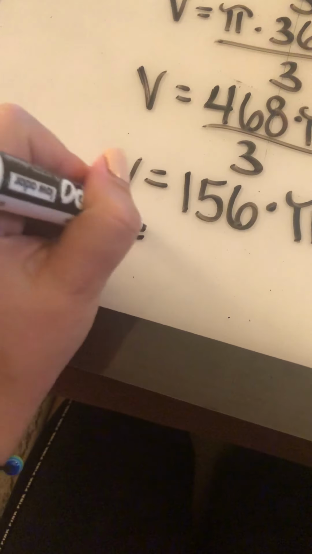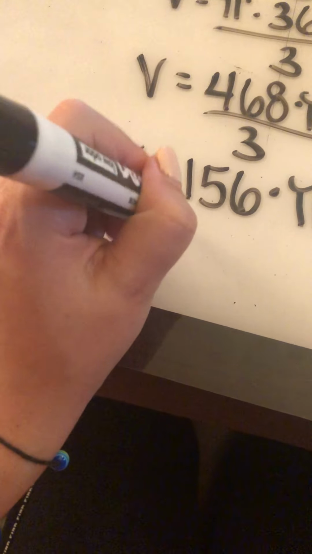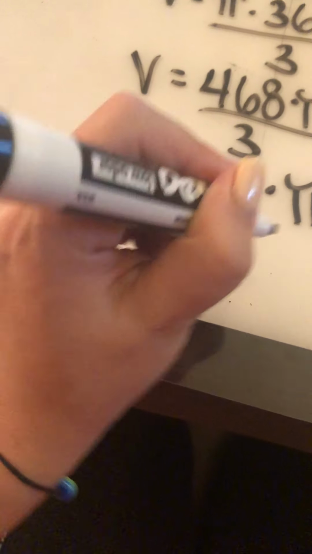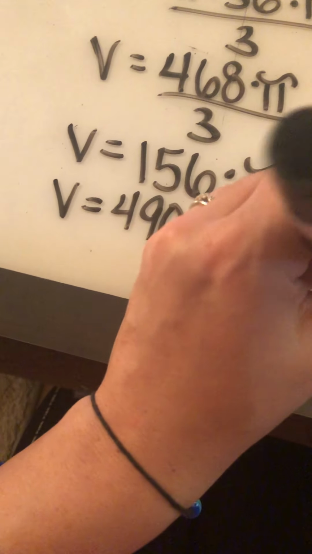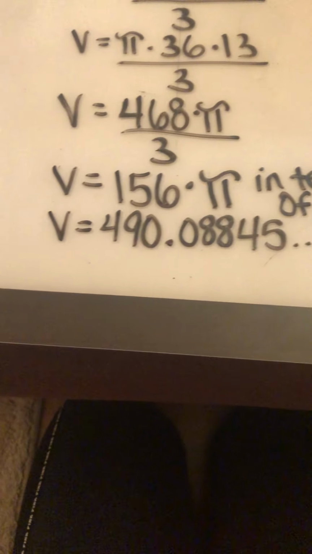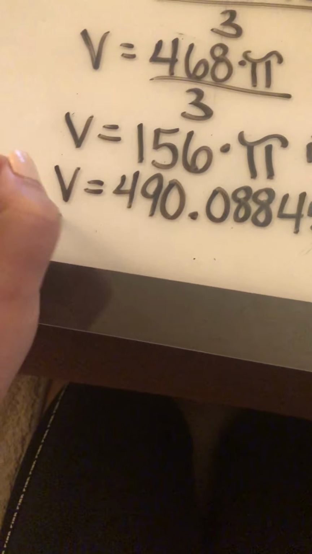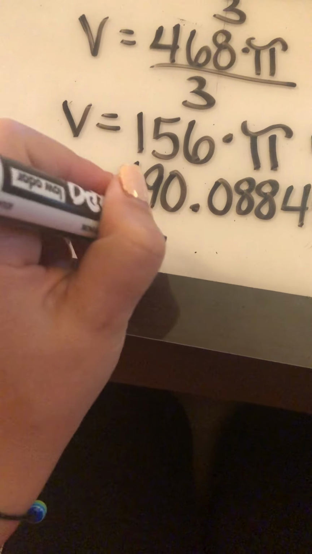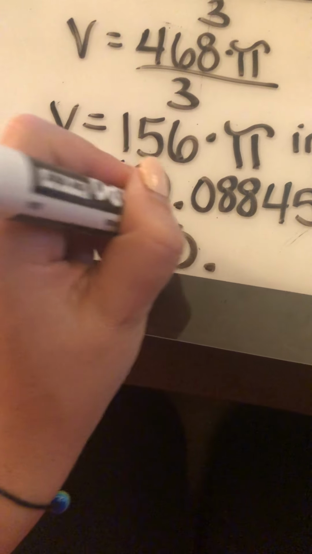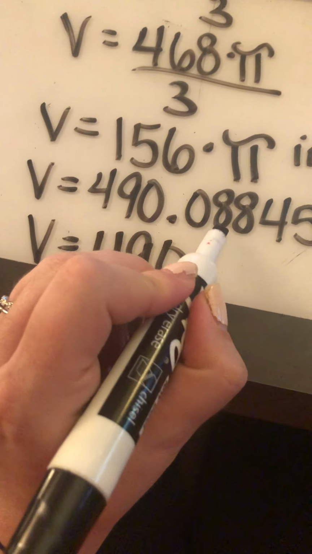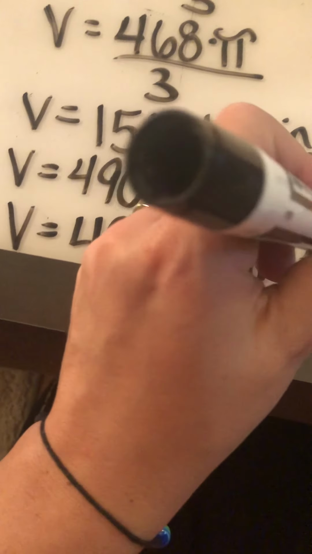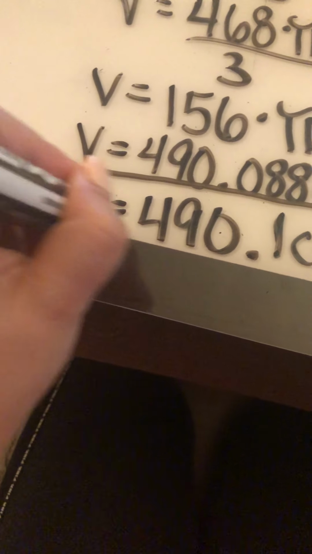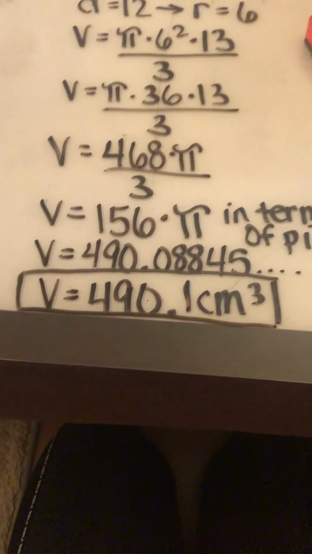So we're going to do V equals 156 times pi is 490.08845 and so on. But if we round to the nearest tenths, our final answer will be V equals 490 point, let's see, 8 would make the 0 go up, so 1, and we were centimeters, so centimeters cubed. Remember, we're in volume now, so our units should always be cubic units.